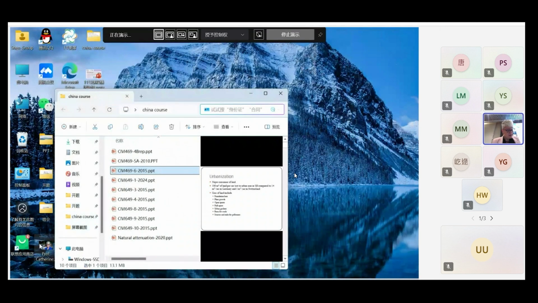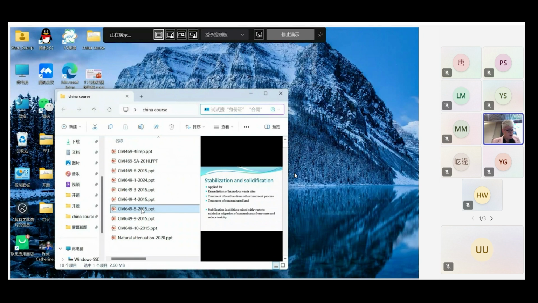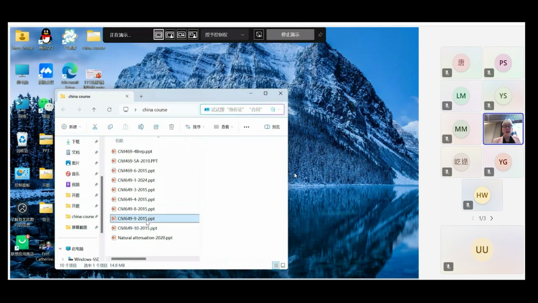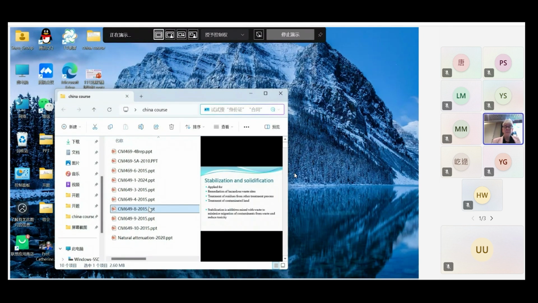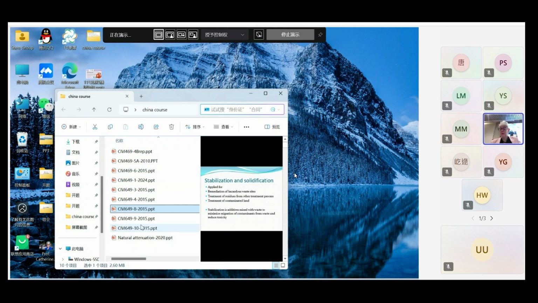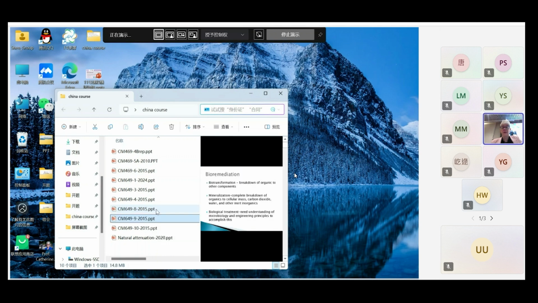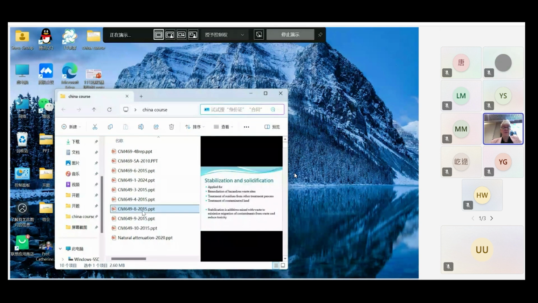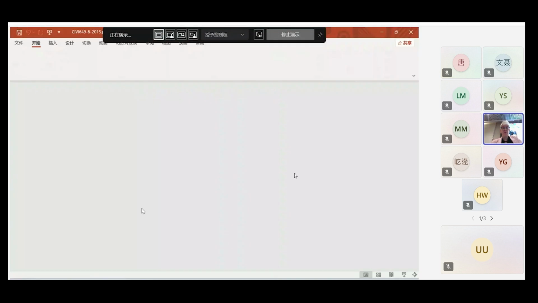So 8 and 9. Okay, so 8 and 9 are the last two, I think. Yeah, so 8 and 9 are the last two. I think these two should be enough for the next hour. Because I have this one I will go through quickly.